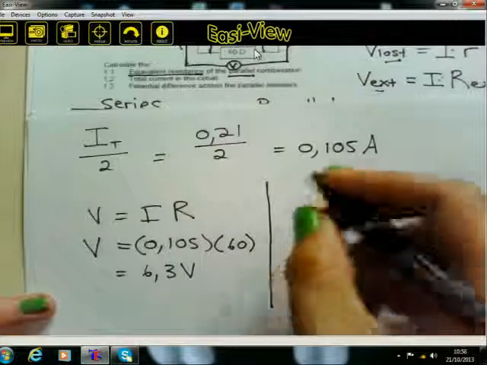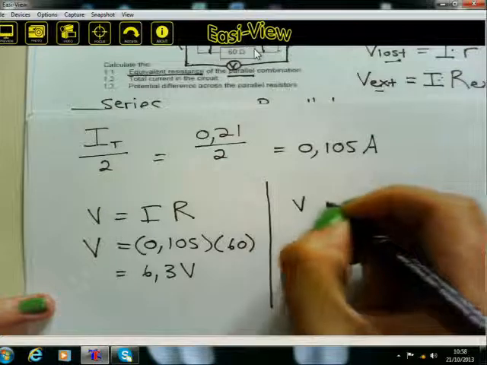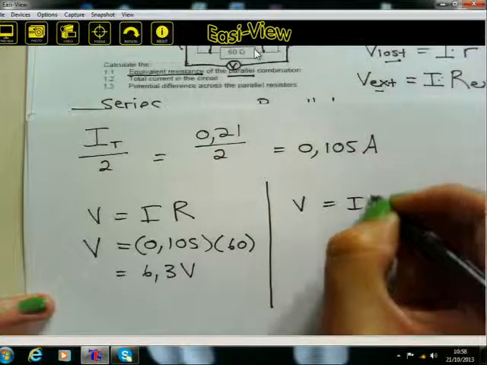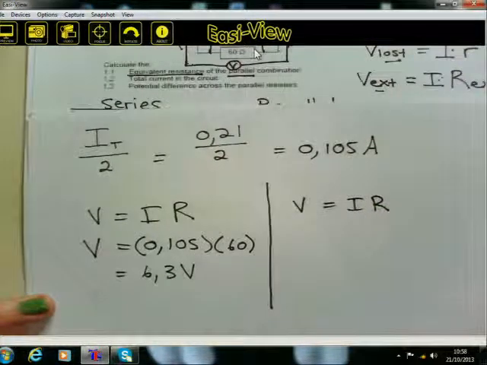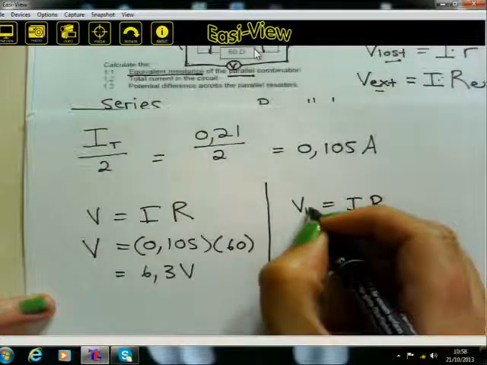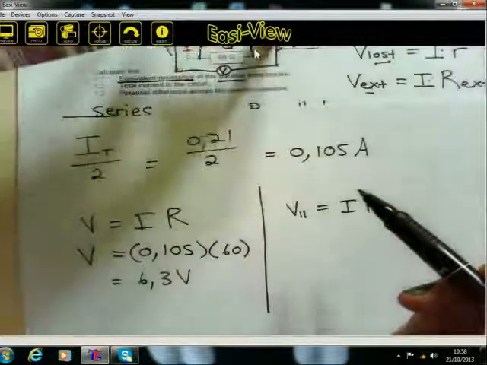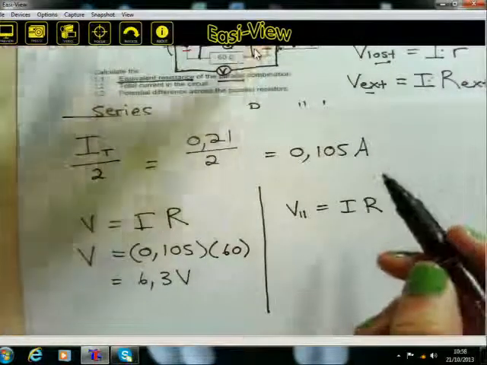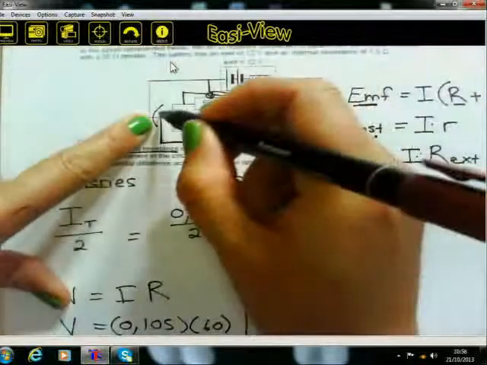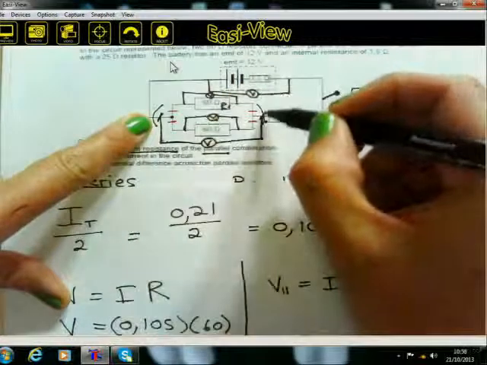The second one is also V equals IR. But now we must be very careful with what we match together. We want V parallel. If you want the V over the whole parallel part, then you must work with the total current, because the total current flows from there up to the end.